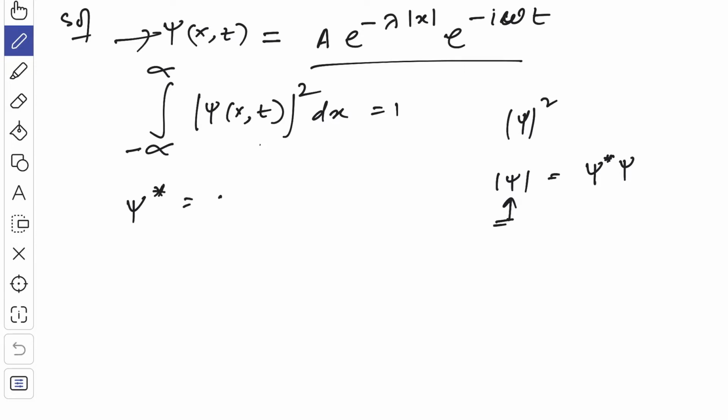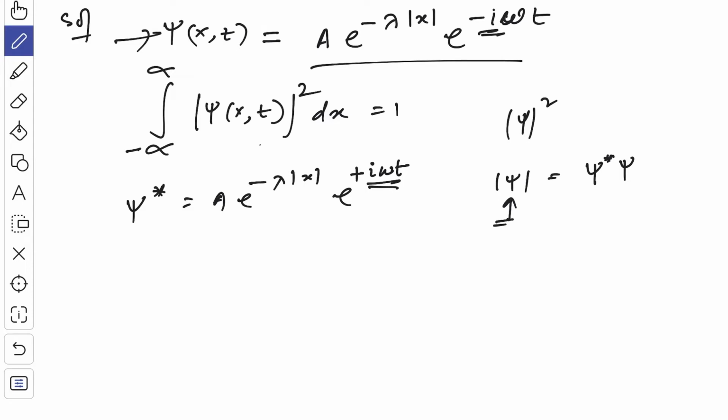Psi star will be A e to the power minus lambda mod of x, then e to the power, here it will be plus i omega t. It must be the complex conjugate. Here it is minus i omega t, here it is plus i omega t.